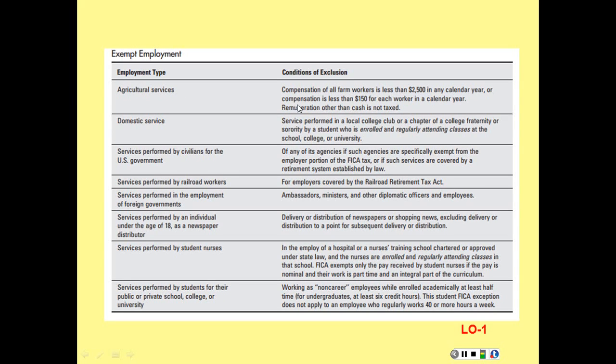Agricultural services, there's always a special issue with labor and federal law and agriculture. They're a different activity completely, and they usually fall under much different laws. And so if the compensation is less than $2,500 in any calendar year, or less than $150 for each worker in a calendar year, then it's nominal and it doesn't need to fall under FICA.